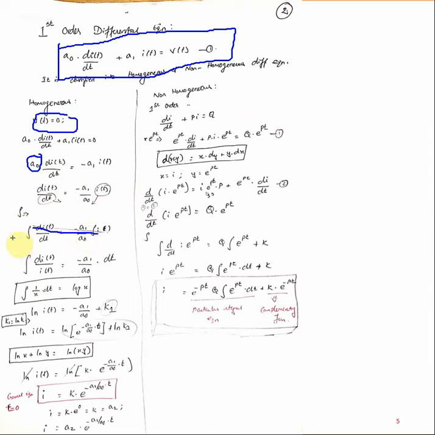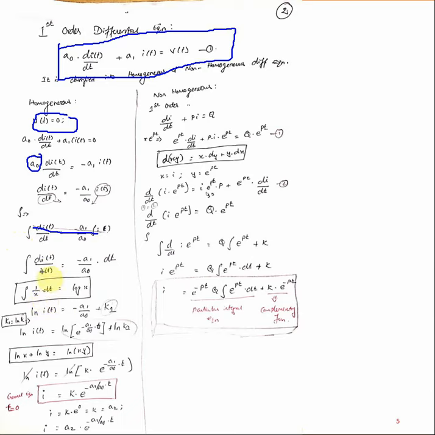Then take the integrations. I will apply the integrations on both sides. When you integrate di of t divided by I of t, it looks like 1 by x. Yes or no? So 1 by I into di is like 1 by x into dx. What is the answer? Log x.